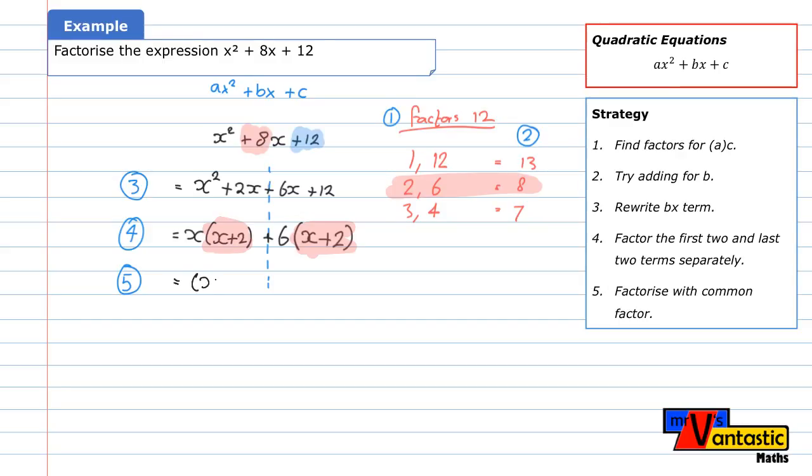So x plus 2 is the common term, and then we can put the rest into a new bracket: x plus 6.